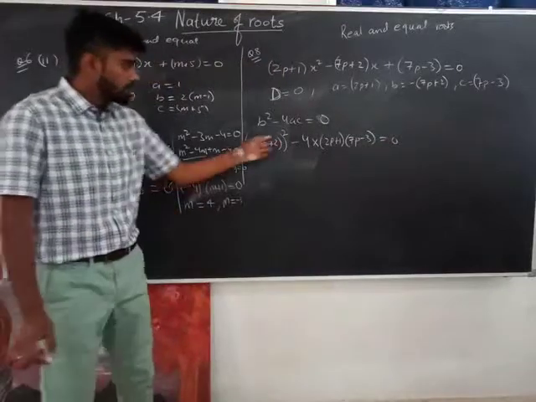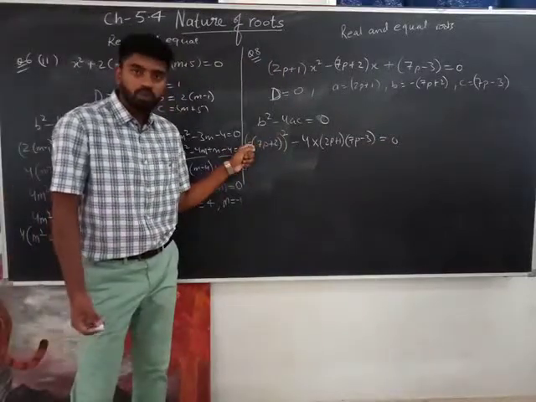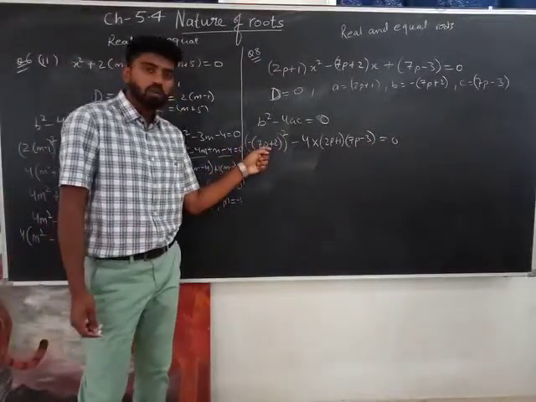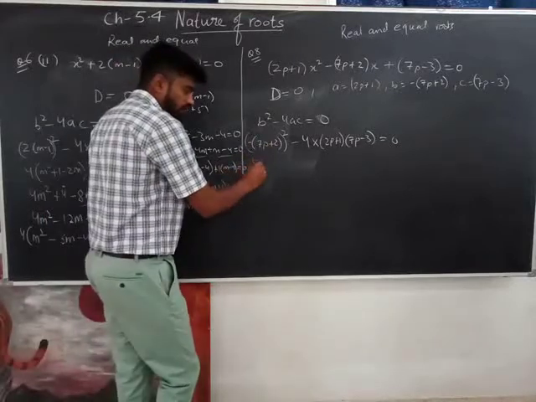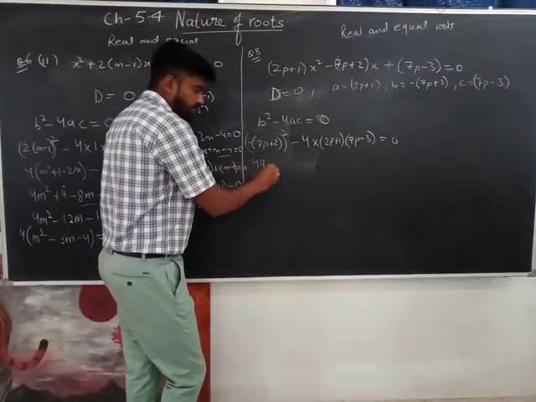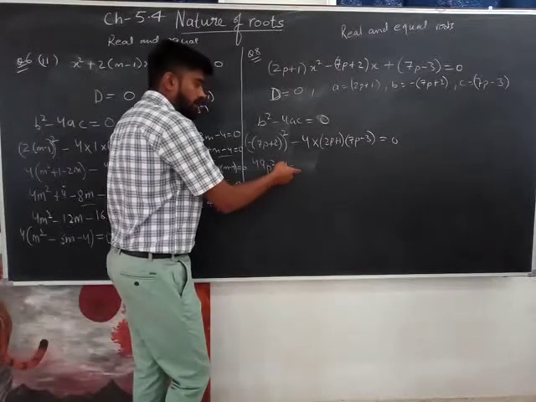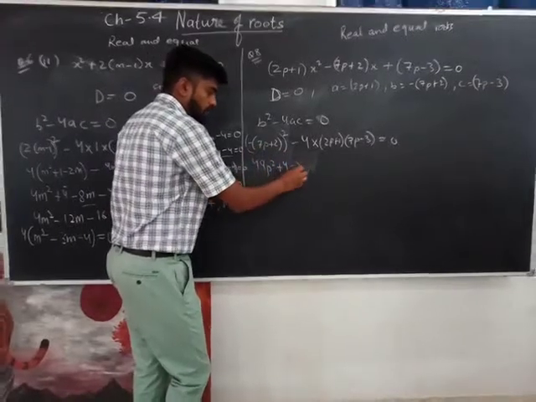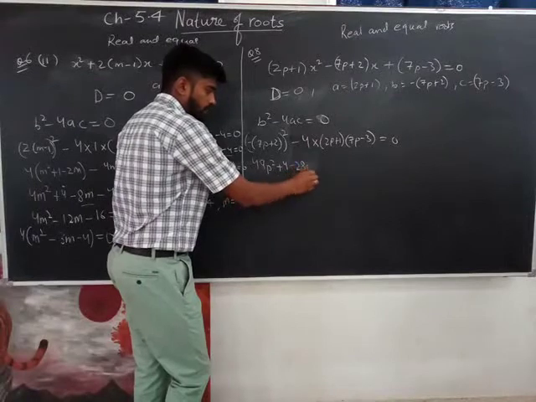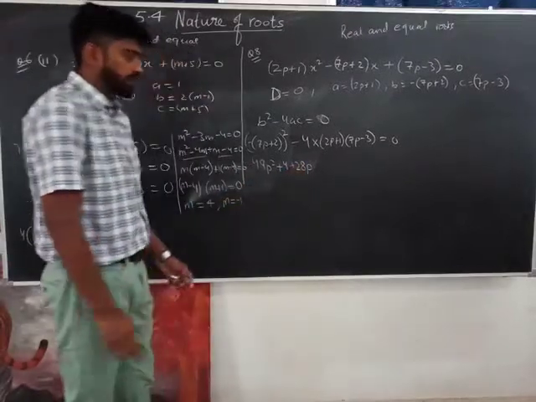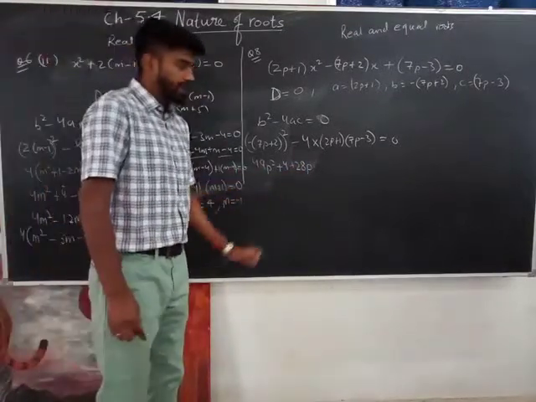Is that okay? Now squaring, minus also gets squared so plus comes, and the bracket squared gives 7 7 is 49p square plus 4, 7 to the 14, 14 to the 28, 28p plus 28p. Okay, so that's how I'll get my answer.